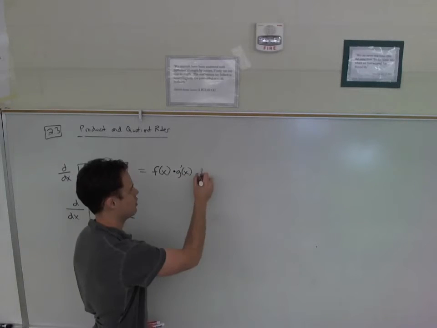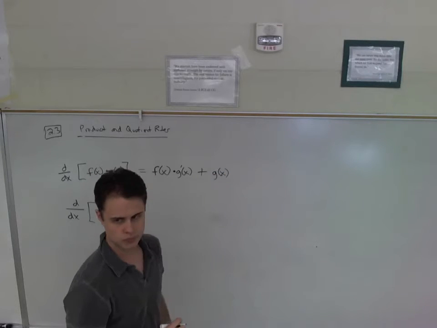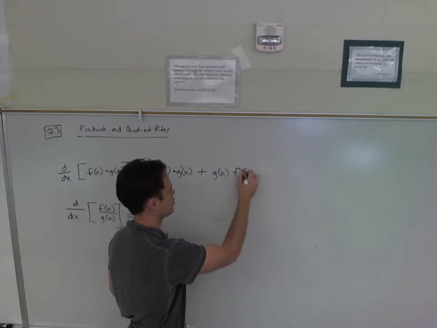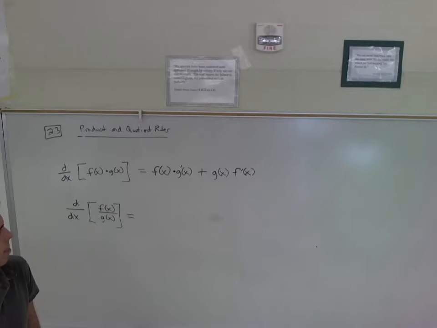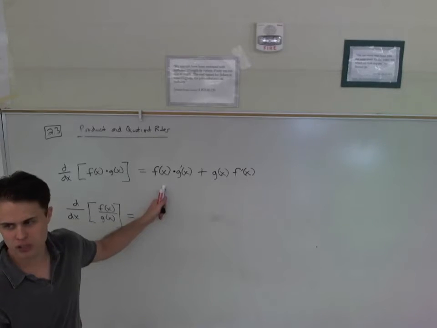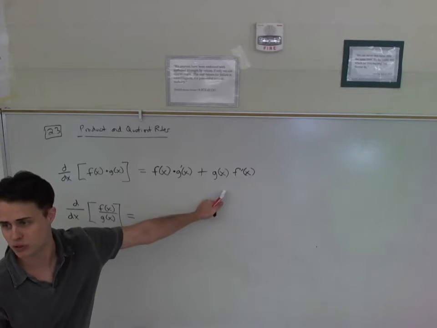Then you add: leave the second thing alone, and multiply it by the derivative of the first thing. Does that have something to do with a constant times f of x, where you'd get the 3 and the derivative of whatever f of x was? Yeah, but we'll have to look at the proof tomorrow to understand it. That's the product rule. One thing times the derivative of the other, plus the other thing times the derivative that you didn't do yet.